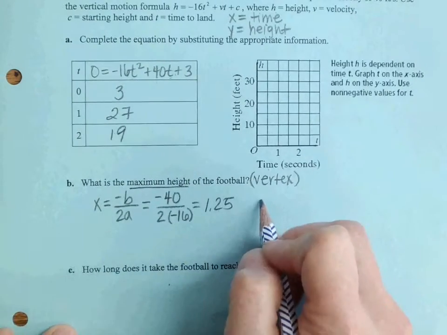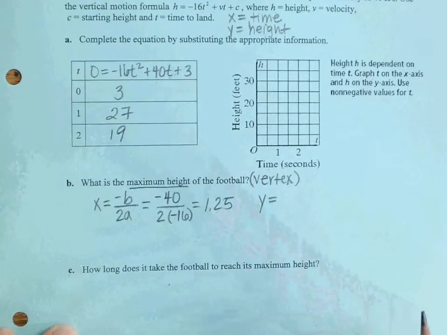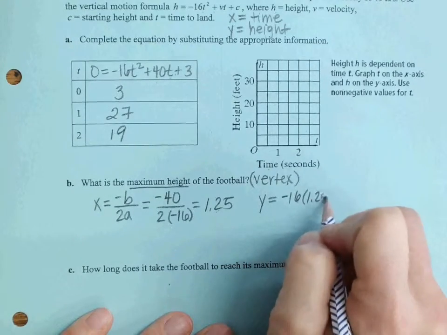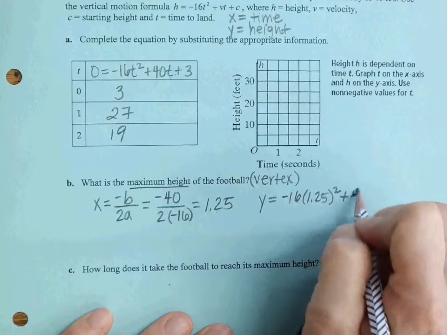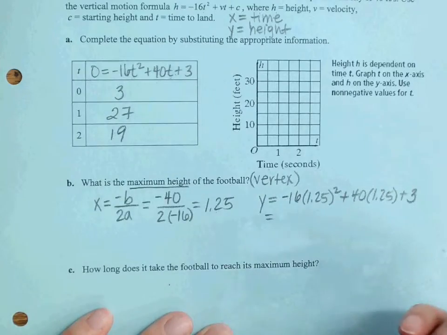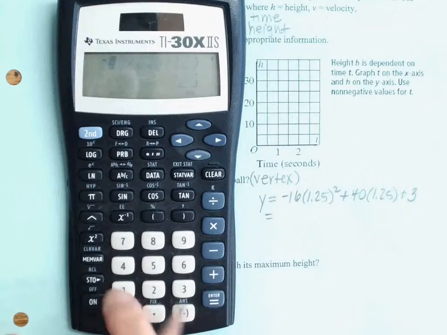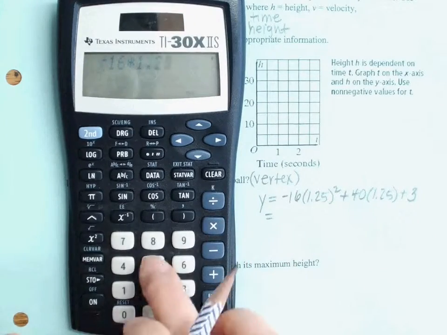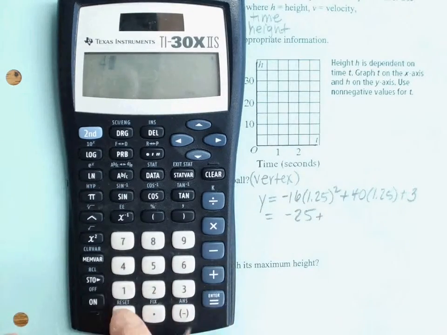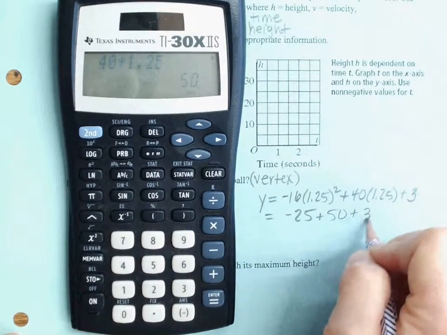To find the y-coordinate, I'm going to substitute 1 1/4 in for t in the equation that they give us. So negative 16 times 1 1/4 squared plus 40 times 1 1/4 plus 3. Then we're going to do this in the calculator. Negative 16 times 1 1/4 squared gives me negative 25, plus 40 times 1 1/4, which is 50, plus 3.